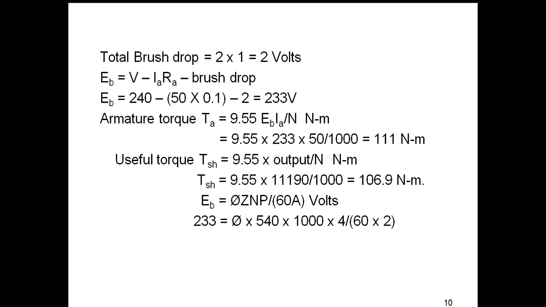Here on substituting the known values, that is EB, Z, N, P and A, we get the flux phi. On solving this, we get phi is equal to 12.9 milli Webers.